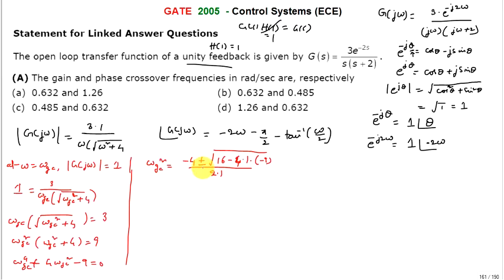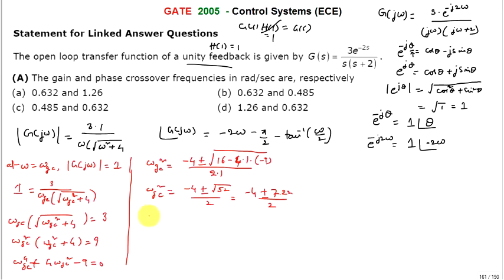So the equation is minus b plus or minus under root of b square minus 4ac. So for this one omega gc square is equal to minus 4 plus or minus, minus into minus becomes plus, 9 into 4 is 36 plus 16. So it will be 52, under root, which is nothing but minus 4 plus or minus 7.22 divided by 2.